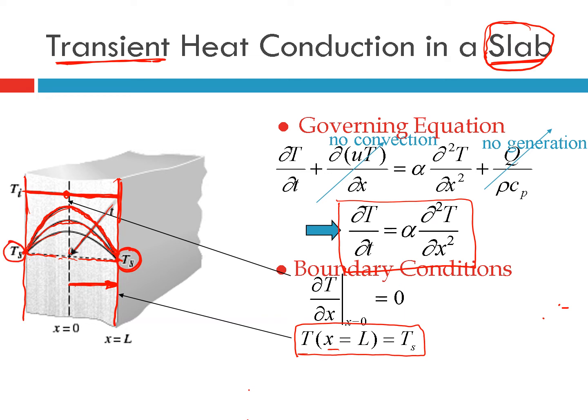The temperature profile will always be symmetric. This has to be because the process is symmetric, which means the gradient at the center line will always be equal to 0. So those are the two boundary conditions that we need for the second order derivative in space. But we also need something else.